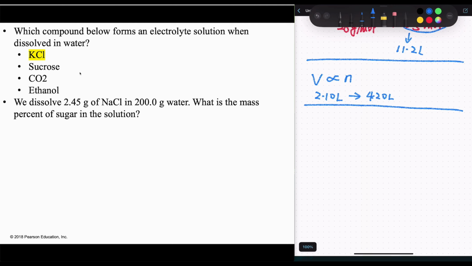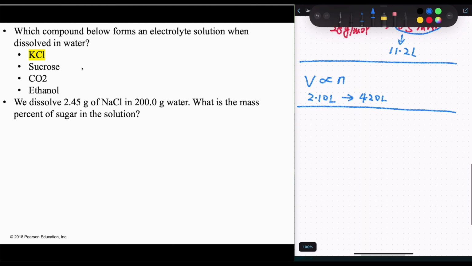Okay. Next question. It is asking you, when we dissolve 2.45 gram of sodium chloride in 200 gram of water, what will be the mass percent? The mass percent equals the mass of the solute divided by the mass of the solution.